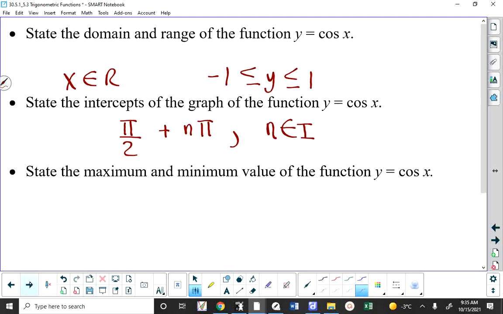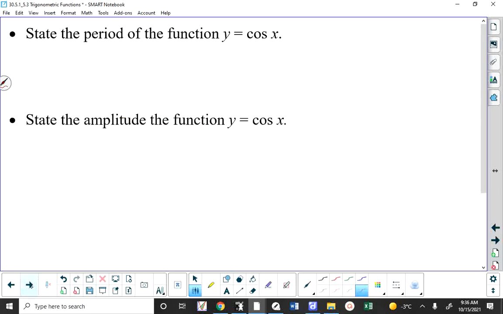What's the maximum and minimum value? Well, y max is 1. Y min is -1. What's the period? How long does it take to start repeating? 2 pi. Because when you compare these graphs in terms of obtaining them from the unit circle, there is a full revolution of 2 pi.